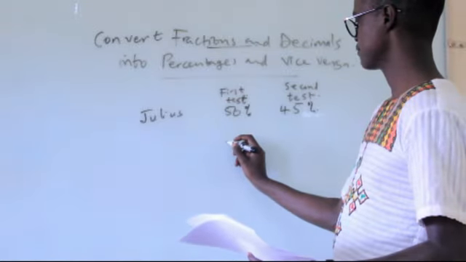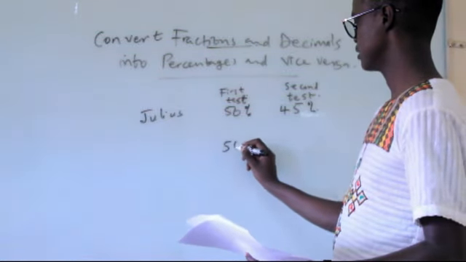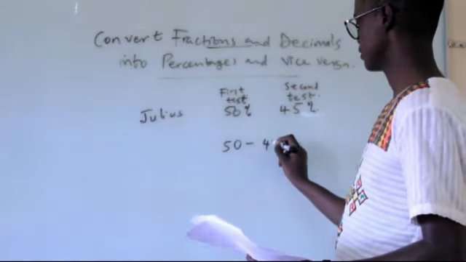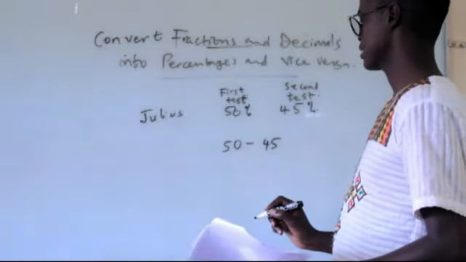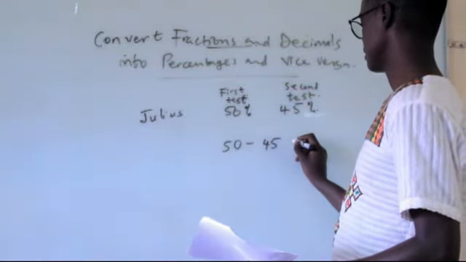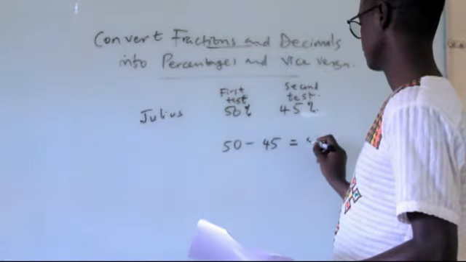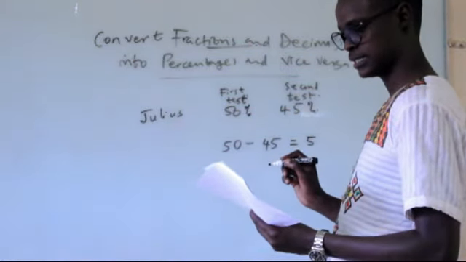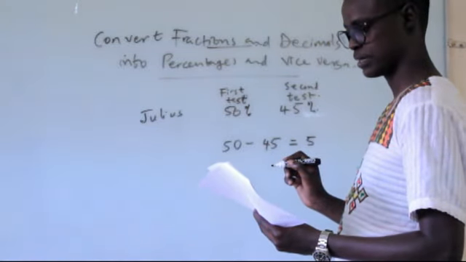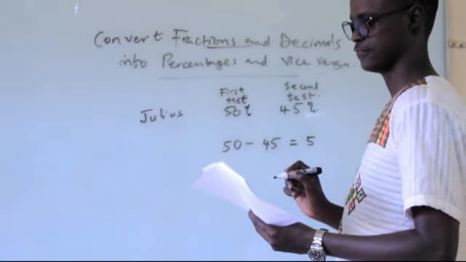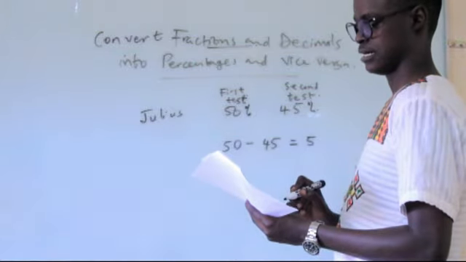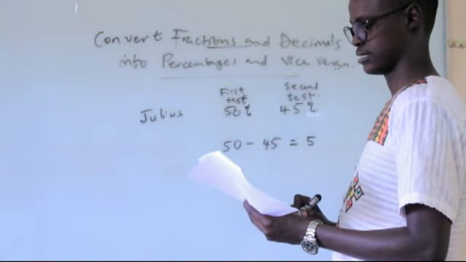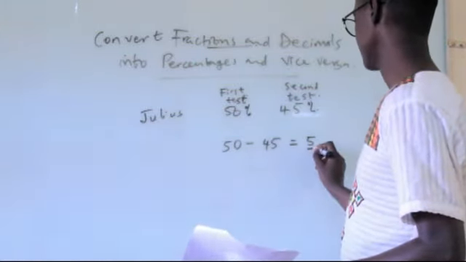For the percentage difference, we get the difference between the two values, which is 50 minus 45. That is the difference, which is 5. The table below shows students' marks in two mathematics tests. For each one, capture the percentage difference and say if it is an increase or decrease. So we have 5.